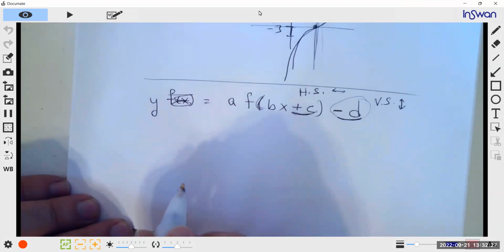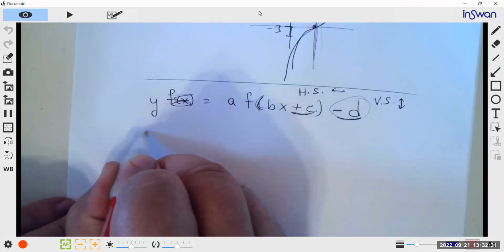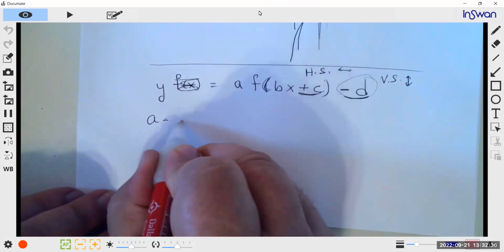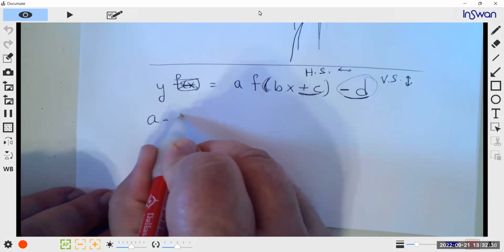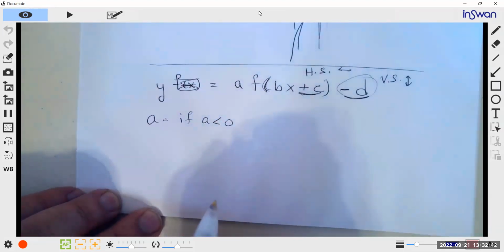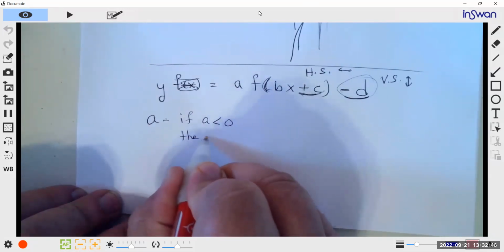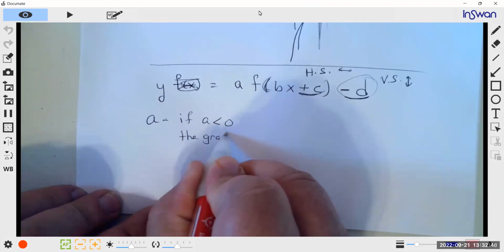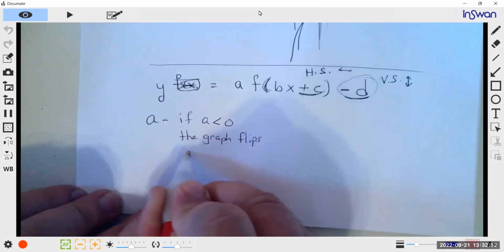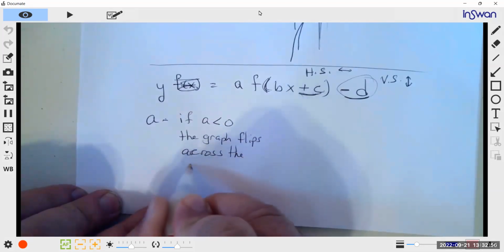Let's look at A. A does a couple of things. If A is negative, the graph flips across the x-axis.